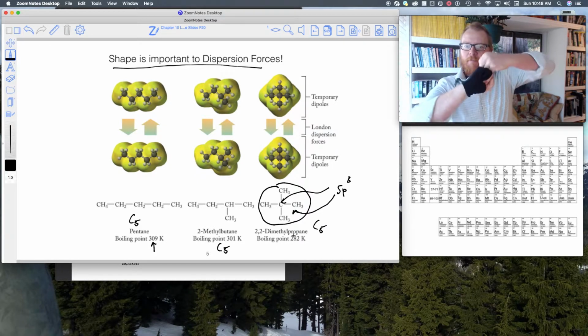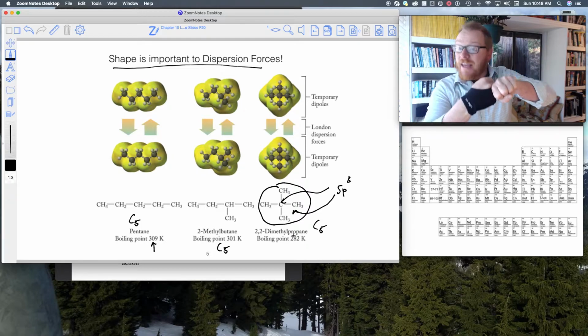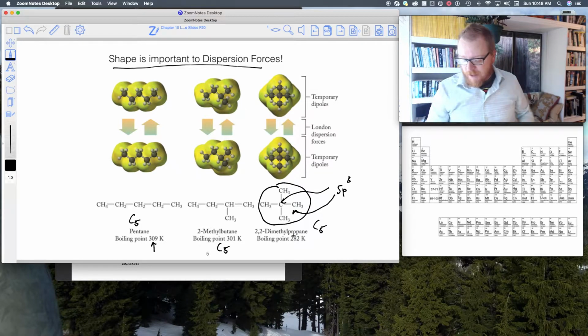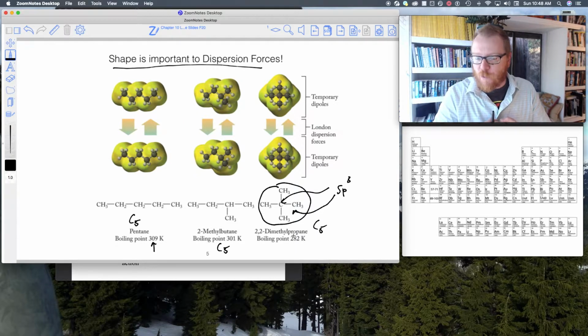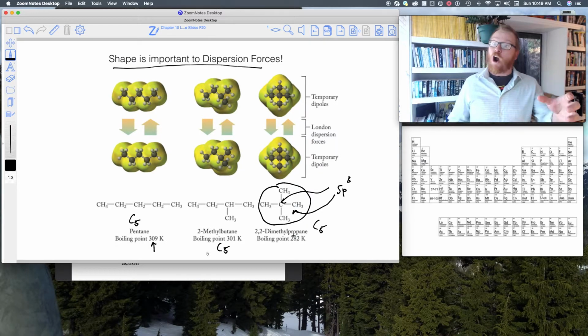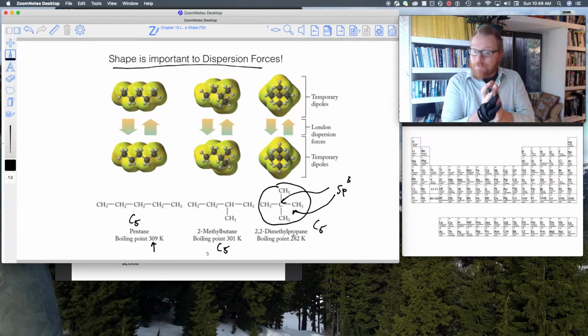When they pack together, there's going to be empty space, right? Much like if you imagine a jar full of M&Ms or jelly beans or something like that, right? They don't pack together with uniform efficiency. On the other hand, if you imagine a jar of spaghetti noodles, right? They pack together really, really well.